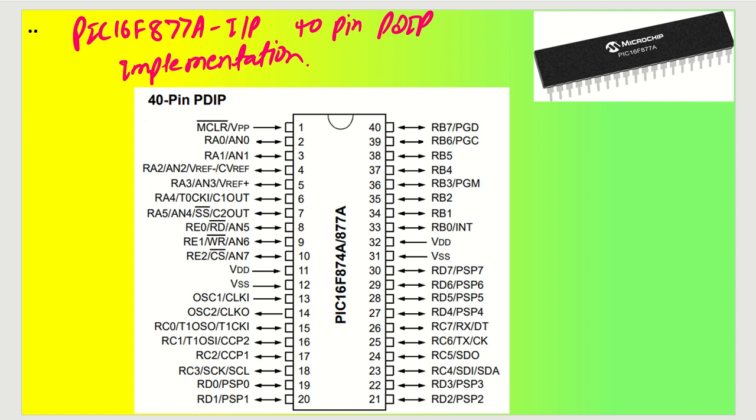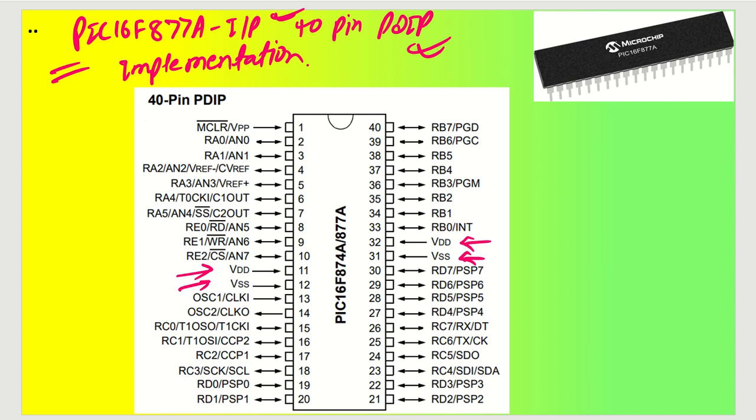Okay, so we are ready to proceed for our circuit design. This is the PDIP package 40 pin that we have talked about. Please make a note of PIC16F877A-I/P. This is the device we will be designing right now. Okay, so very first thing that we need to do is, these are our power pins VDD and VSS.